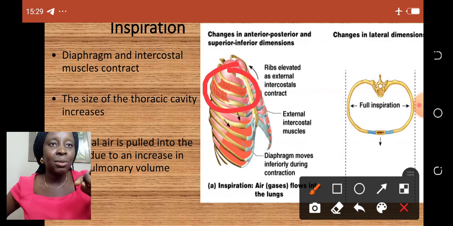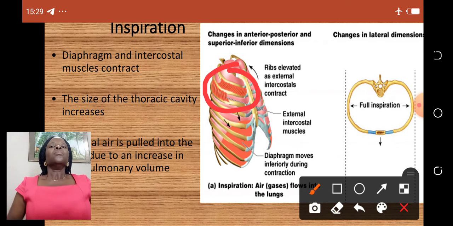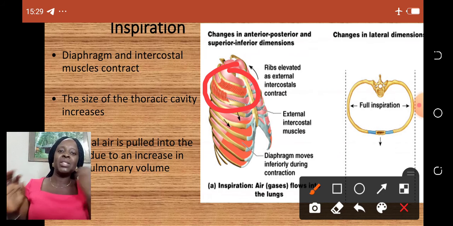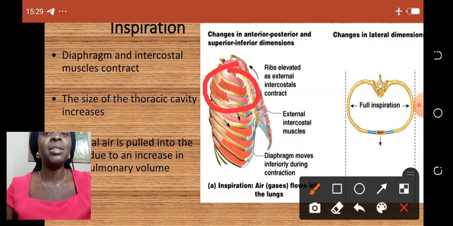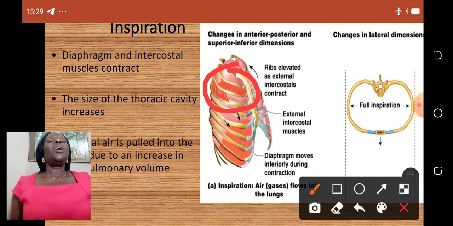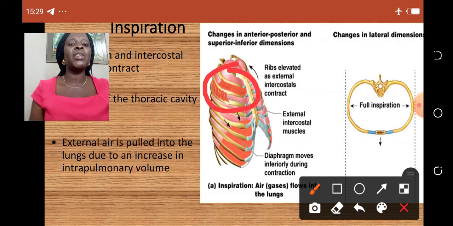They contract, as you can see. Then your thoracic cavity is the space within your ribs. You can see when you take in your air, your thoracic cavity increases, and external air is pulled into your lungs.